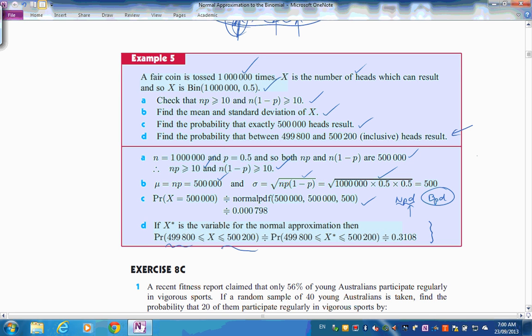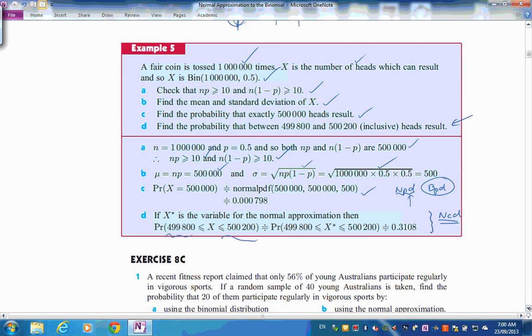What's the probability between 499,800 and 500,200 successes? So that would be our way of doing it. This would be NCD. They're not showing that. We've done a lot of that though. So the lower and the upper, the sigma and mean there on the Casio in that order. Okay, how about trying some of these? Let's see what you think now.